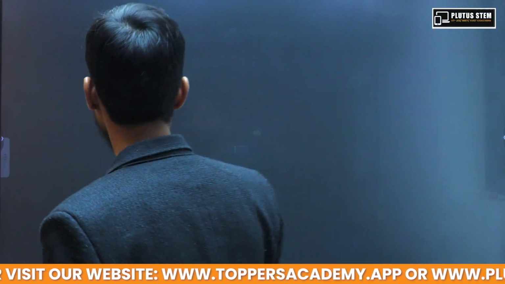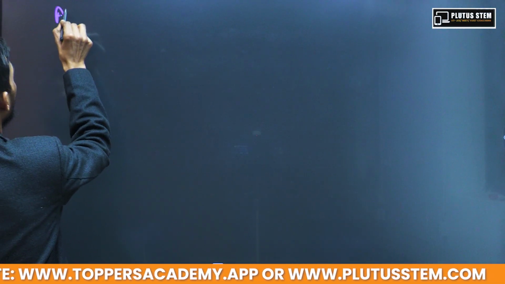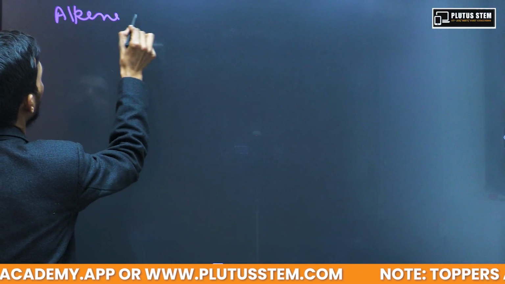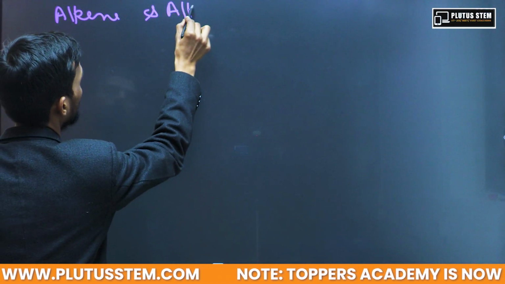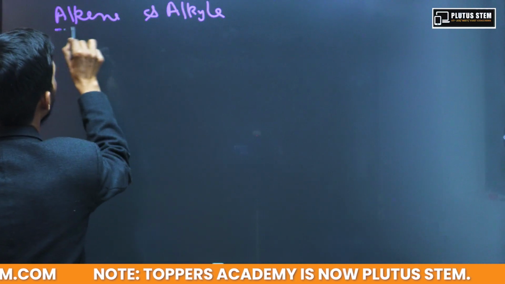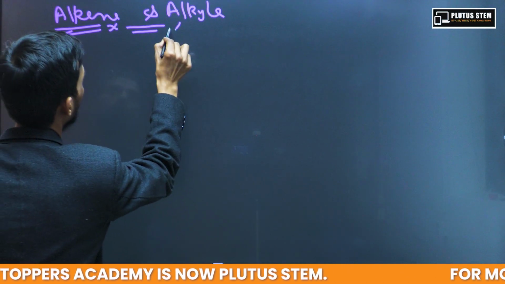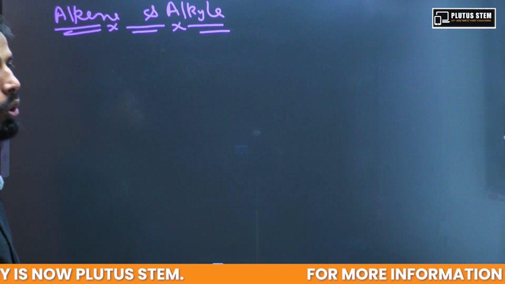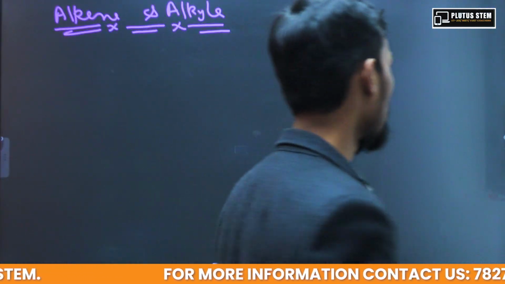So if you are going to see some more isomerism, like simply in alkene and alkyne, they also show functional group isomerism.